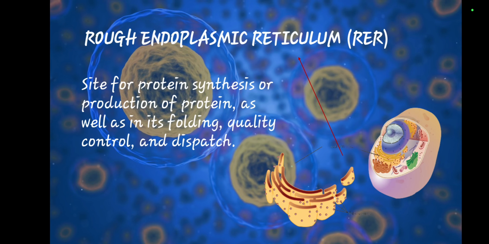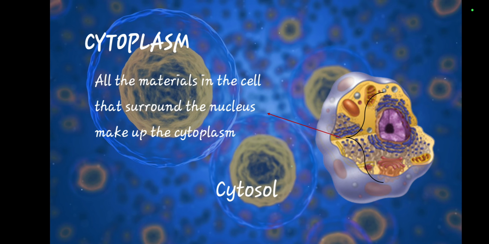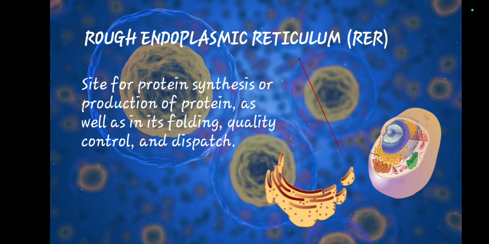Okay, let's proceed. So now let's learn the two types of endoplasmic reticulum. First would be the rough endoplasmic reticulum, or the RER. This is the site for protein synthesis, or production of protein, as well as its folding, quality control, and dispatch.